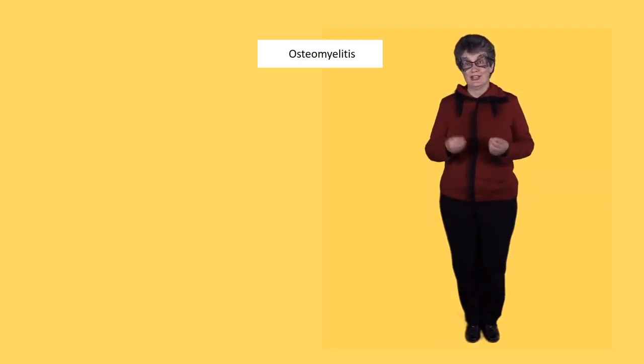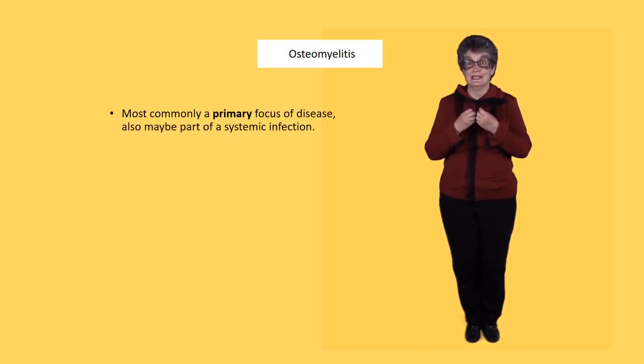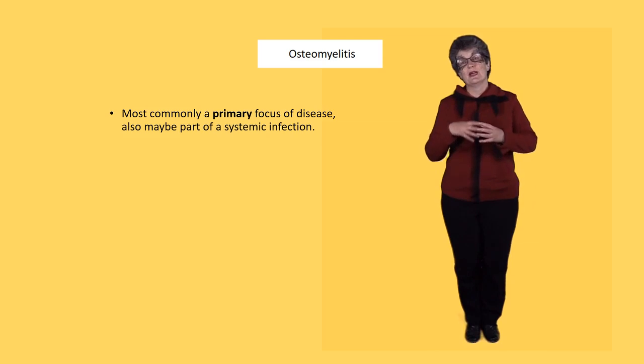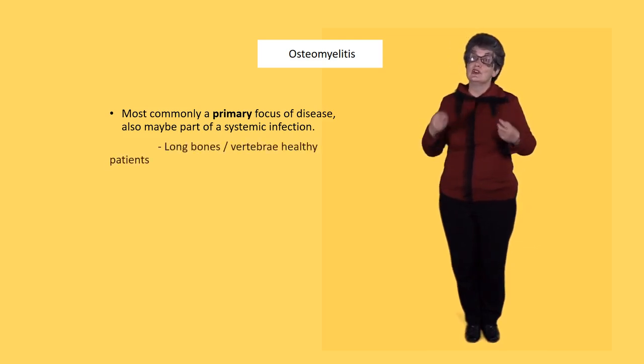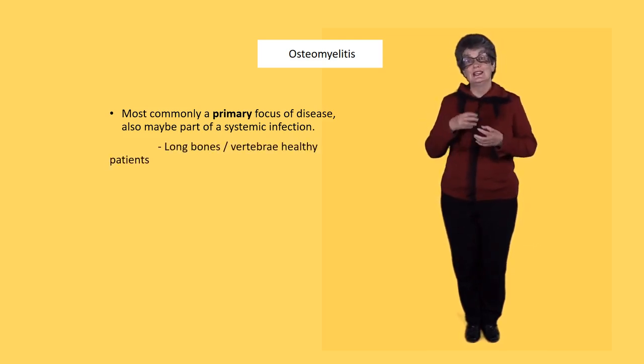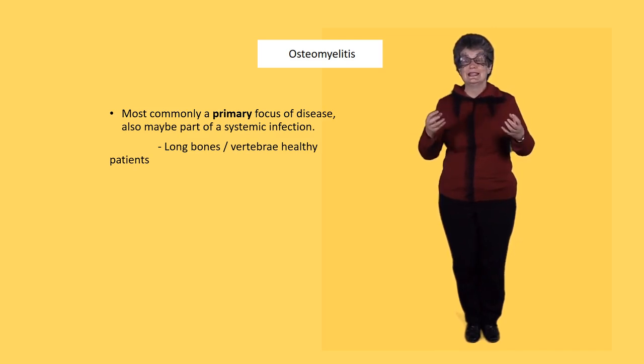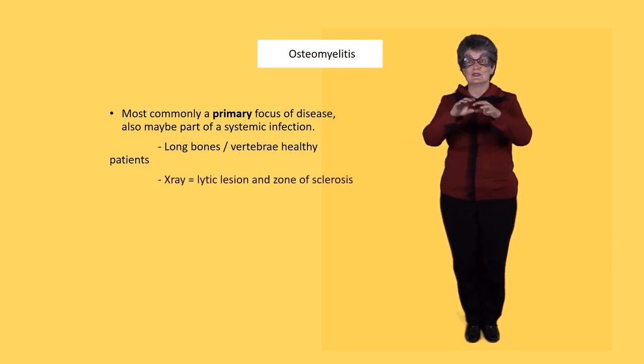Osteomyelitis is infection of the bone. Most commonly, it's a primary focus of the disease, but it may be part of a systemic infection. It affects primarily the long bones and the vertebrae of healthy people, and on X-ray appears as a lytic lesion surrounded by a zone of sclerosis.